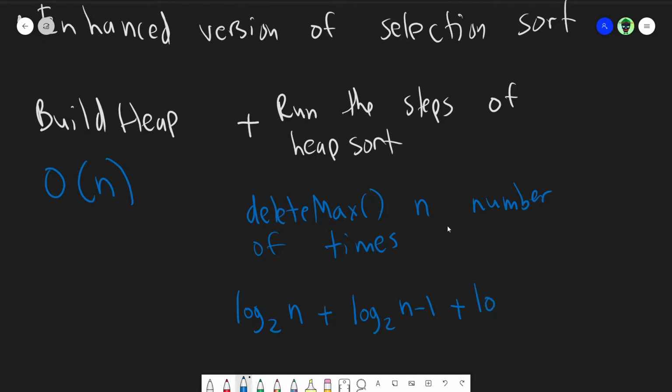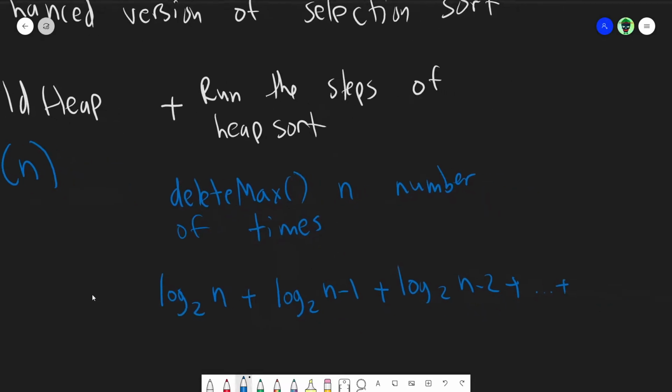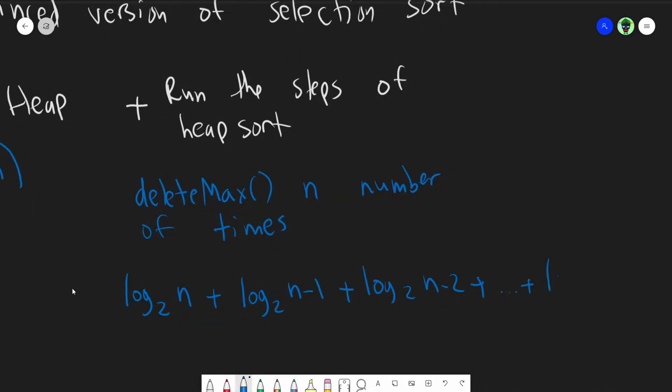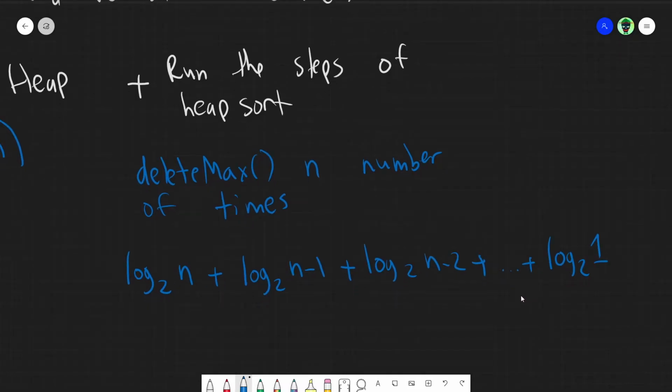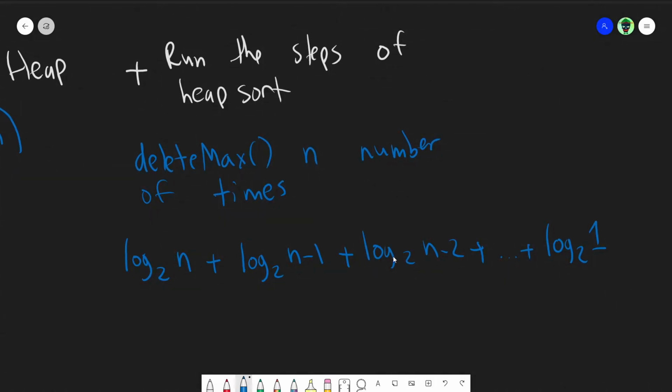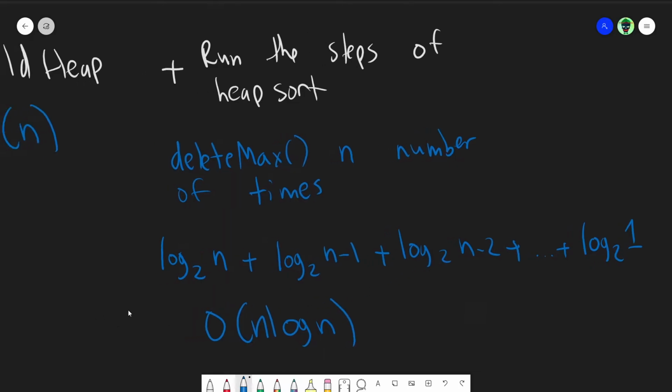Then log 2 of n minus 2, and we keep doing this until we have one element in our heap, so then we do log 2 of 1. This summation, from previous lectures, you already determined is log of n factorial, which is also O of n log n. So all the HeapSort steps will collectively be n log n.